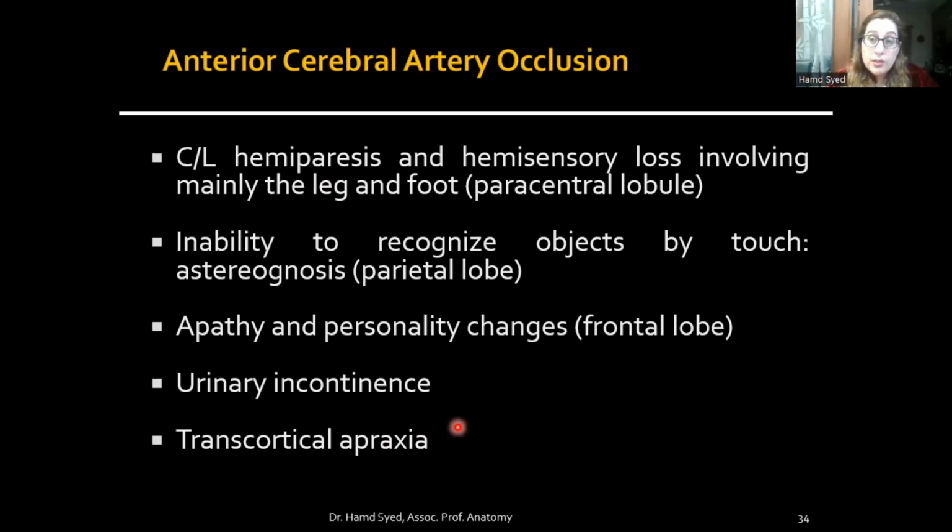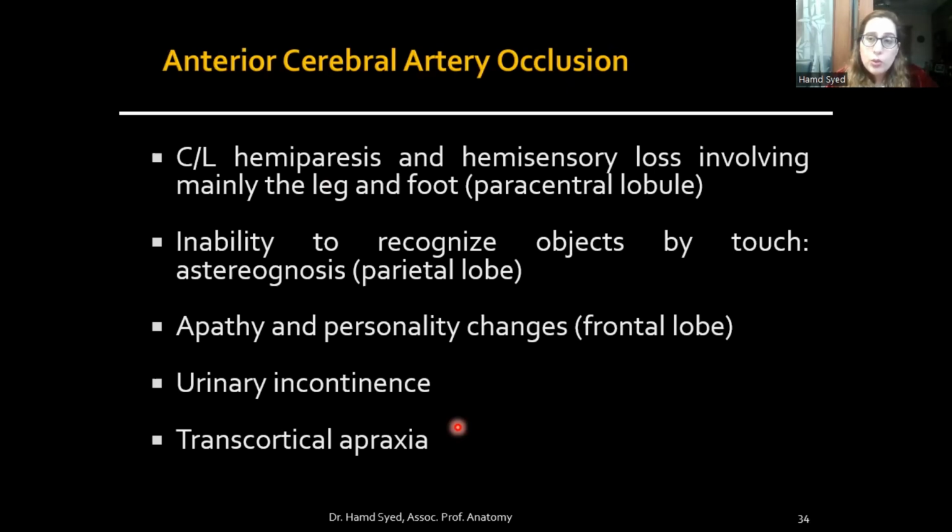So what happens is that in response to the verbal command, the information for the execution of the verbal command, that is raising of the left arm, has to go from the left cerebral hemisphere through the corpus callosum to the right cerebral hemisphere to make the patient raise their left arm.